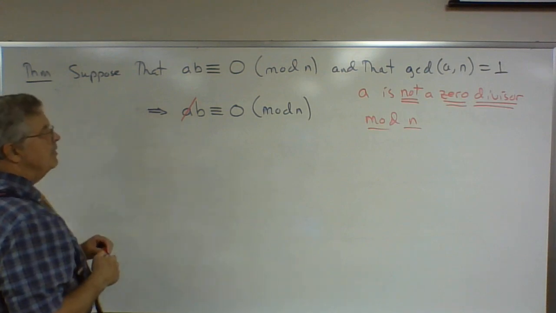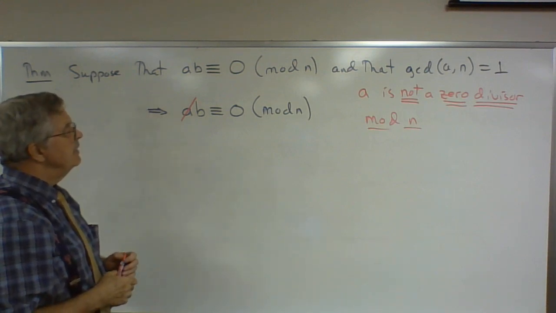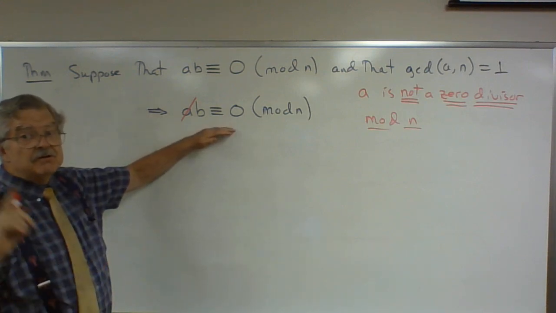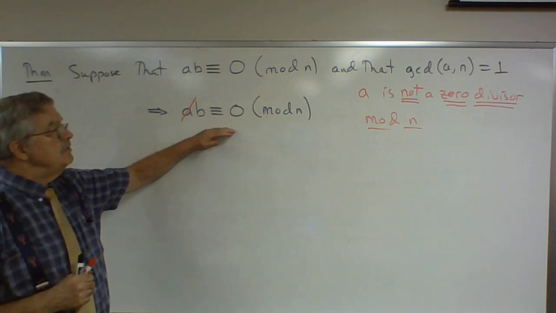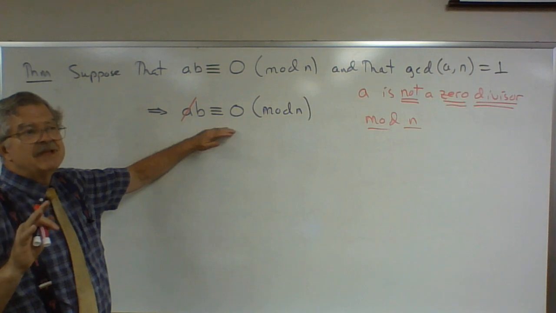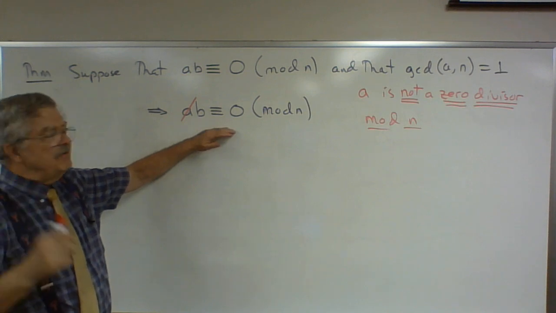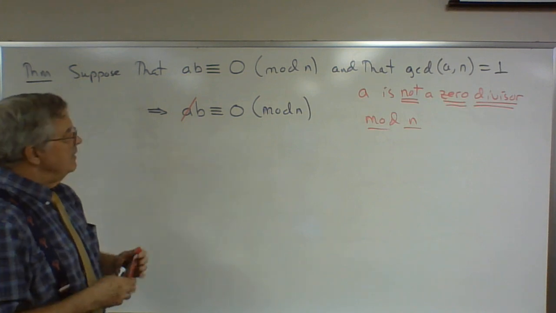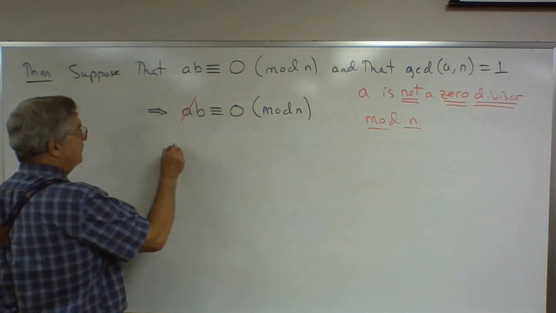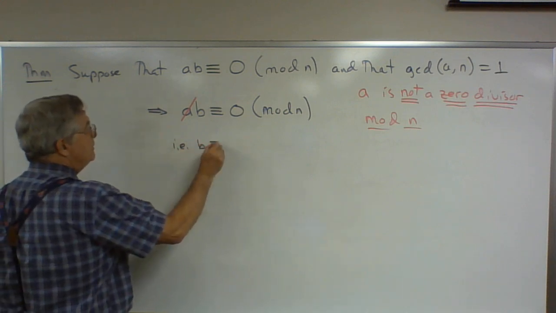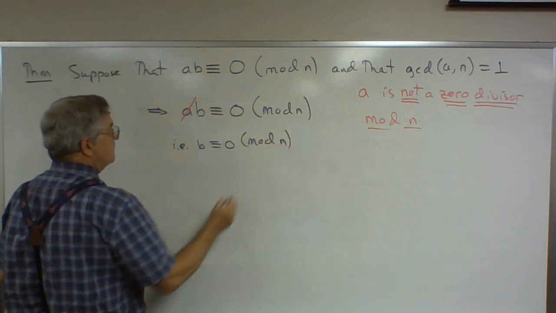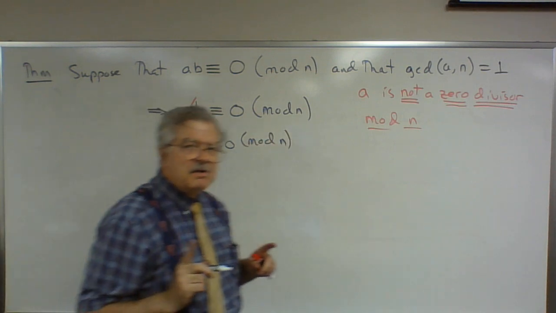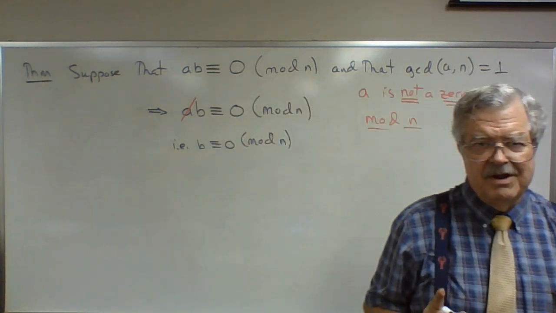We're going to divide both sides by A, which we're entitled to do because A is not a zero divisor mod n. And we get B is congruent to 0 mod n. That's one way that we can reason.